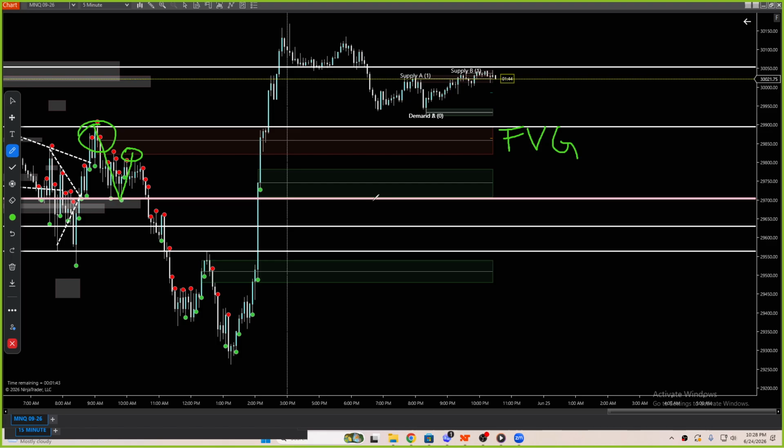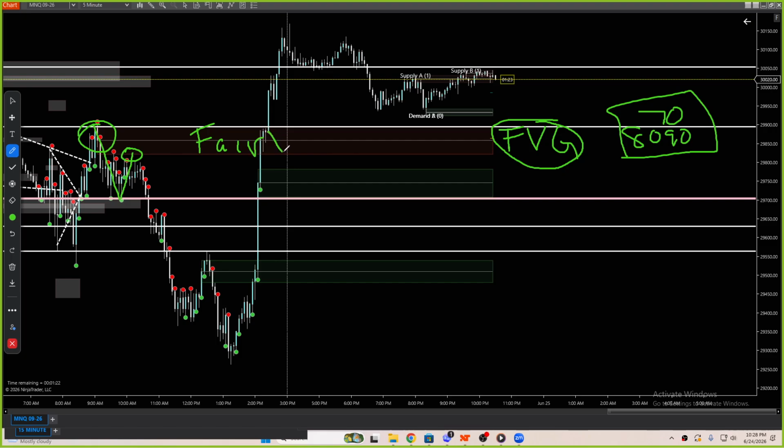FVGs. Okay, there are fair value gaps, guys, right? But let's be honest. Somebody called it a fair value gap. What it used to be called back in the 80s and the 90s and the 70s when trading came out, it was called a fair value area.